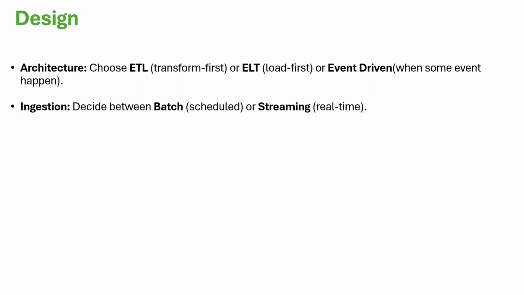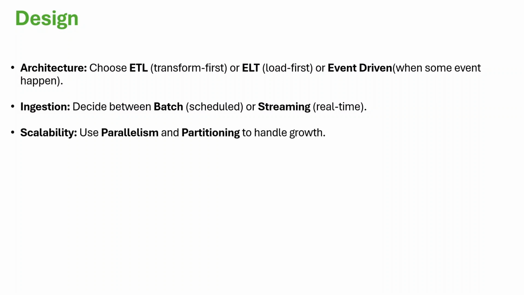We can even create streaming pipelines, especially for big data volumes or sensor data which needs to be processed as soon as possible. Then scalability. We need to make these pipelines highly scalable, especially when volumes are high. You can use parallelism, or you can partition your data to handle the growth of data.